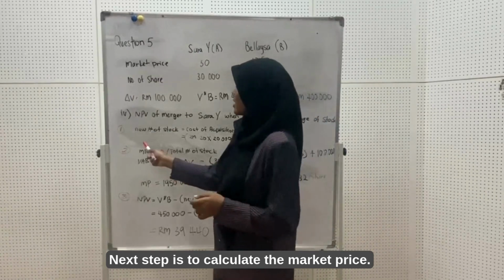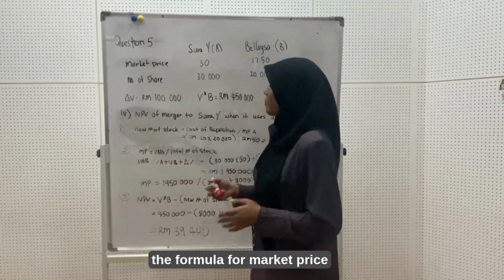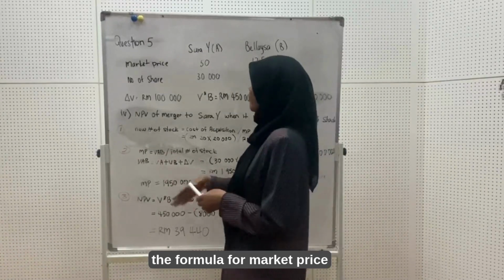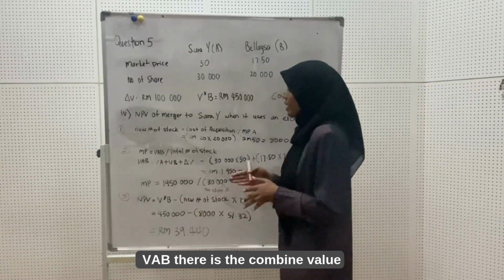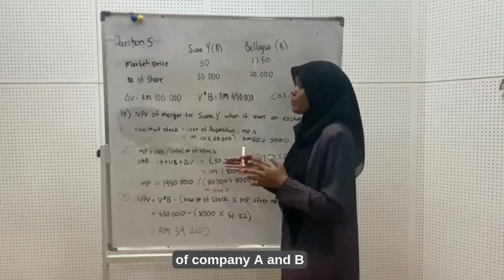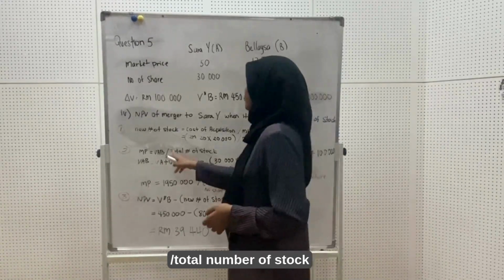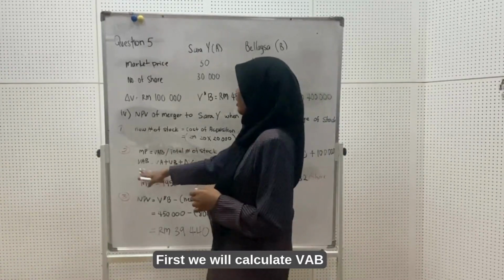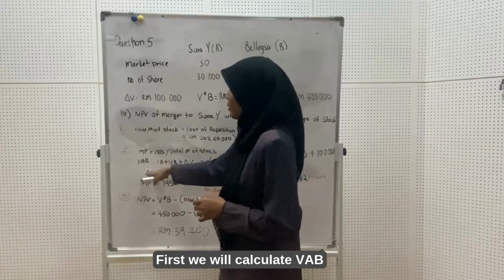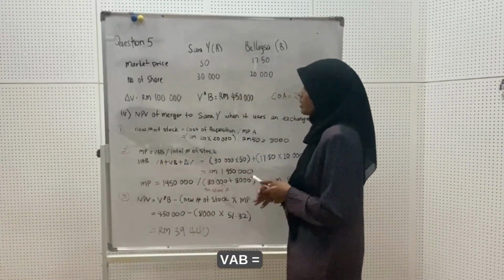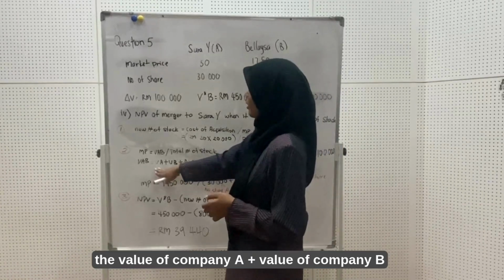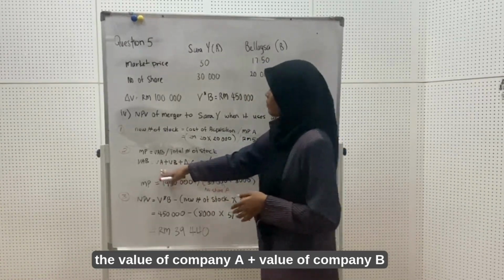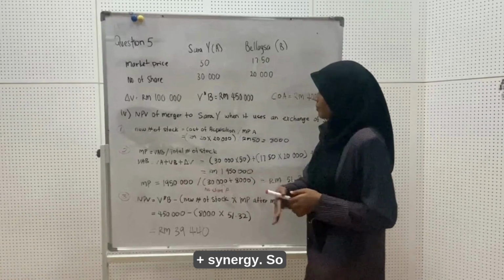The next step is to calculate the market price. The formula for market price is VAB, that is the combined value of company A and company B, divided by the total number of stock. First we will calculate the VAB. The VAB is equal to the value of company A plus value of company B plus synergy.